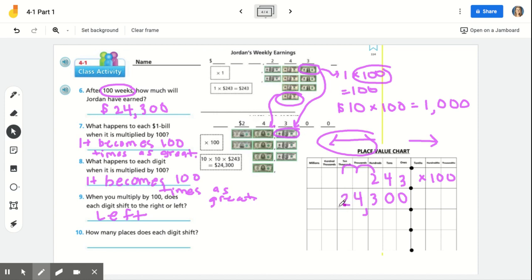How many place values was that? 1, 2. Good. That's for the 2. What about the 4? 1, 2. What about the 3? 1, 2. Each of the digits moved 2 place values to the left, and this is all when we're multiplying Jordan's earnings by 100.